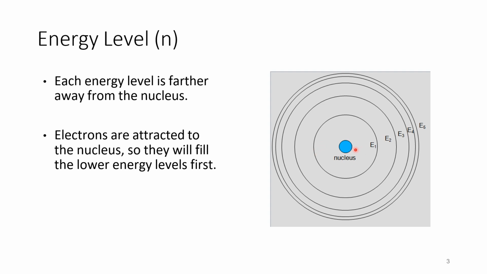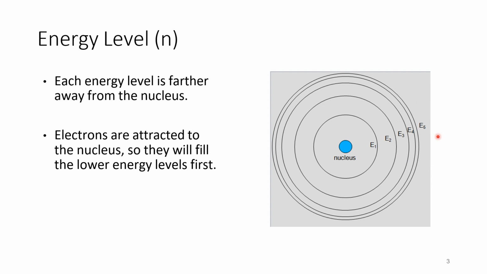As the principal quantum number n increases, each energy level gets further and further away from the nucleus. You can see E1 has this distance, E2 has more distance than E1, and it is the same here.